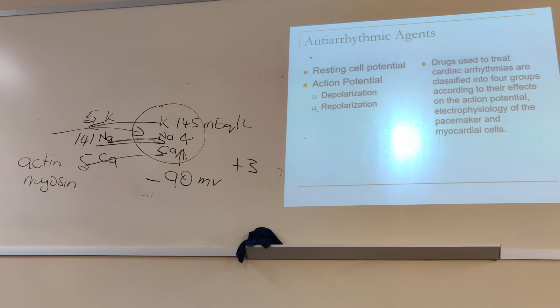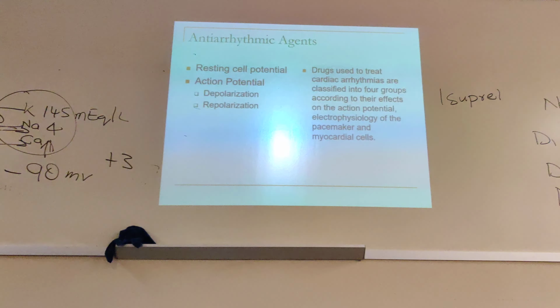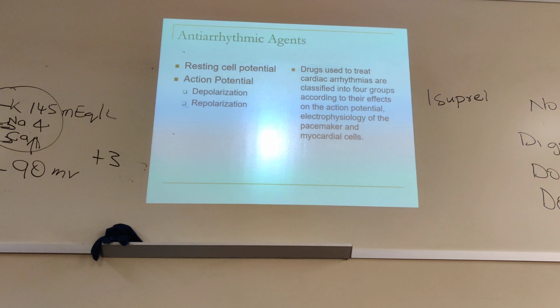Okay? So that's what we're saying there, that drugs used to treat cardiac arrhythmias are classified into 4 groups according to their effect on the action potential, electrophysiology of the pacemaker and the myocardial cells. We have to block this chain reaction somewhere.